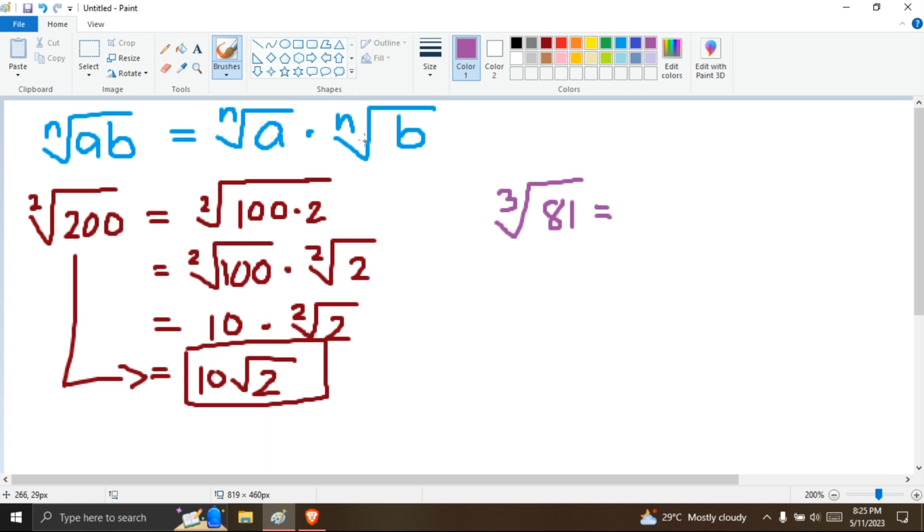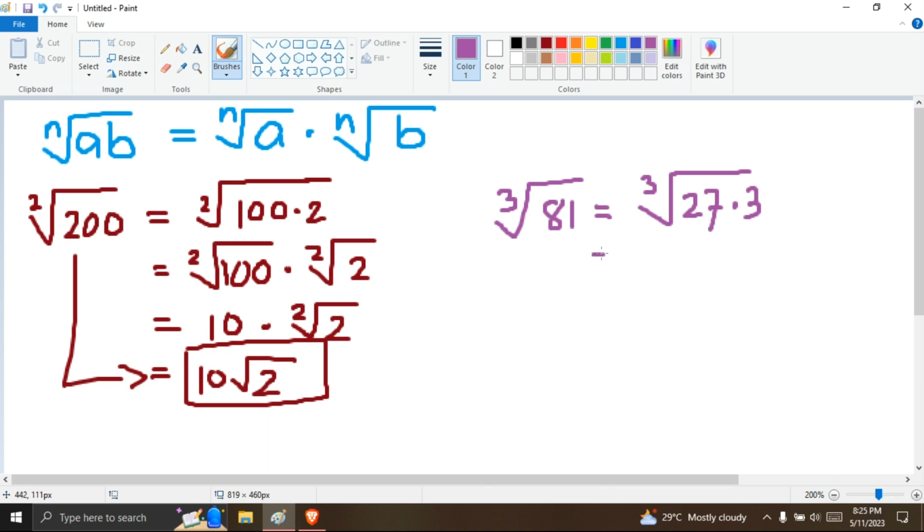Like we did on the first example, the second example is the same. So let's have the cube root of 27 times 3. So 27 times 3 is 81, and 27 is a perfect cube root.